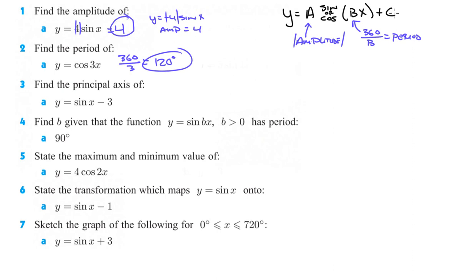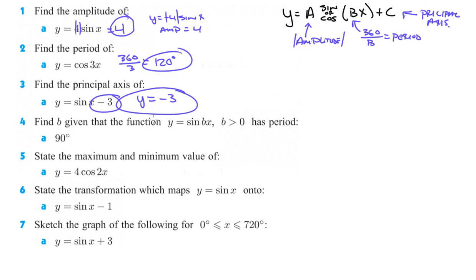The principal axis is always going to be whatever the c is out here. So there it is, -3. We don't want to write just -3 as the principal axis because the principal axis is a line. So you want to give the equation of a line. It's y equals -3 that would be the principal axis.